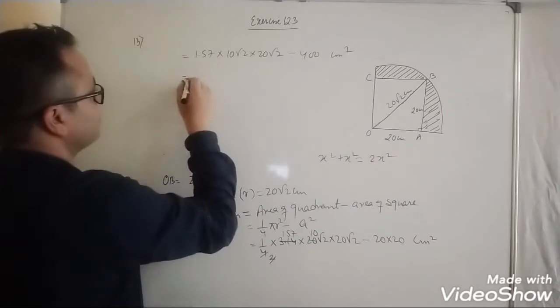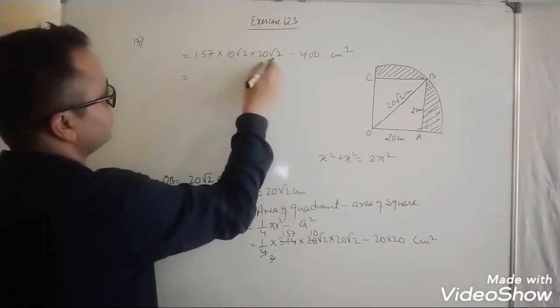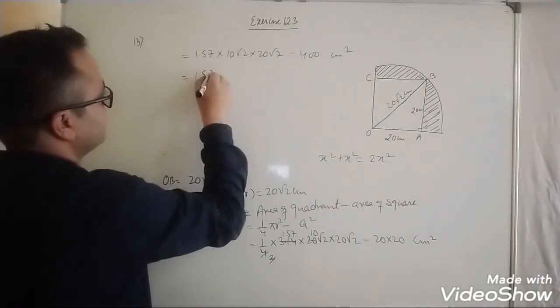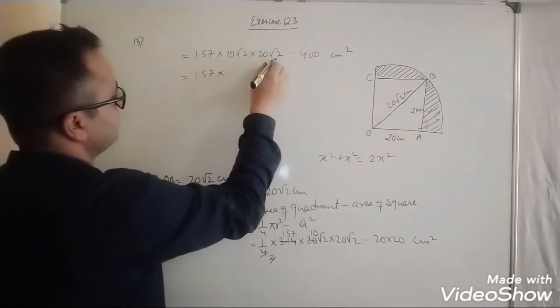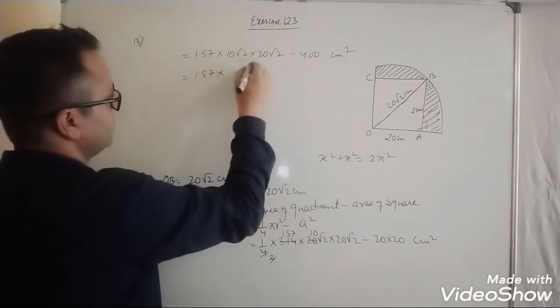Root 2 into root 2 is 2, and 20 into 20 is 400.